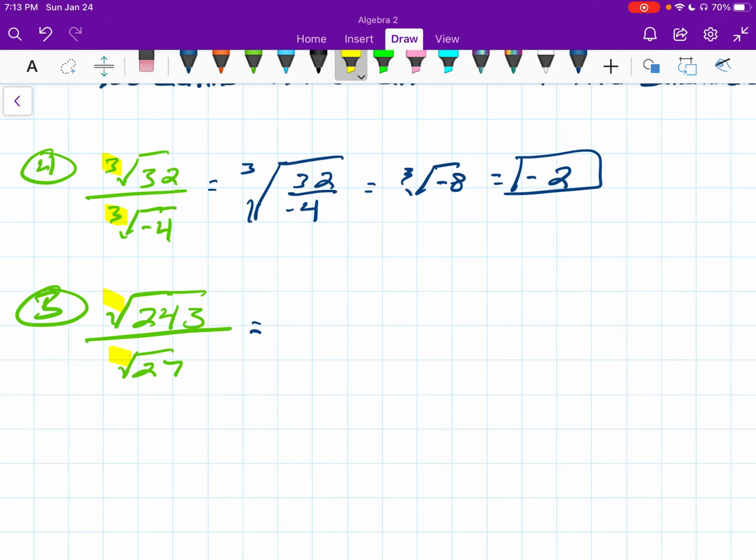There's nothing written there, so it's a square root. They have to be the same type of root for you to combine them like this. But in this one, they are the same root, so we can combine them. So we have a big root, 243 over 27. That can simplify to 9, so root 9, and we know that root 9 is 3.